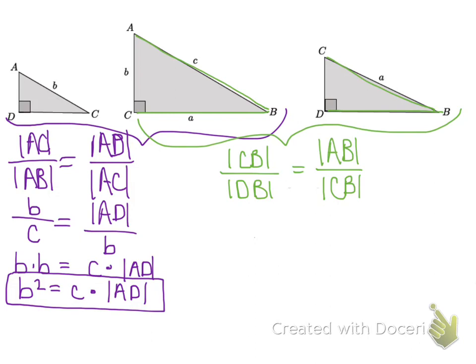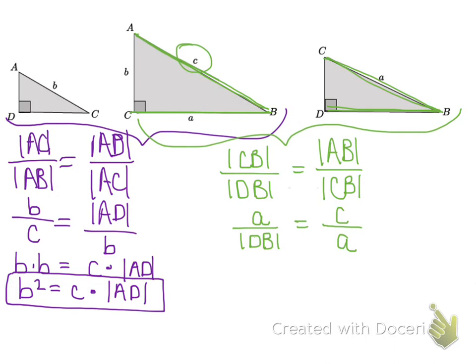Okay, so let's put in again what we know. Length CB is A, and it occurs twice, and then we've got AB that we know is C. So we've got A over length DB, which I don't know the value of. It's this length here, is equal to length AB, which is right up here, and we know that that is C, over CB, which is A again.